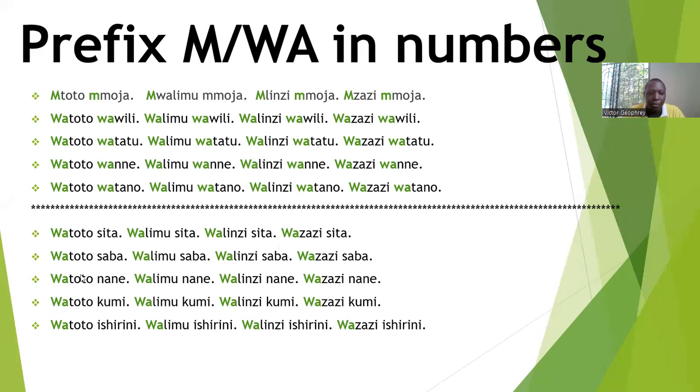Watoto 7, watoto 8, watoto 10, watoto 11, watoto 12, watoto 15, watoto 20, watoto 30, watoto 50, watoto 100, watoto 200, watoto 1000. You just add the number the way it is, but only consider the nouns in one noun class.